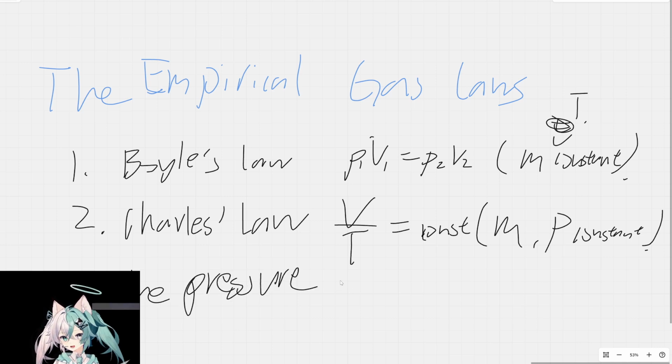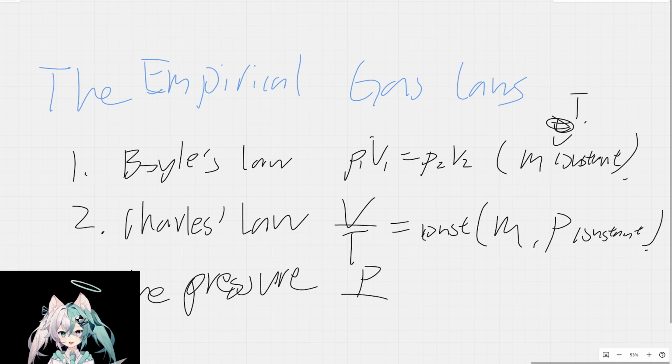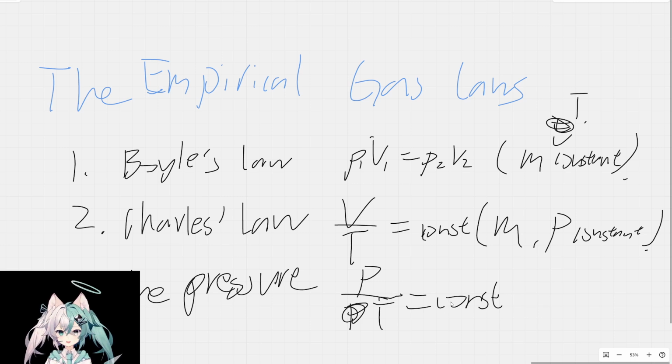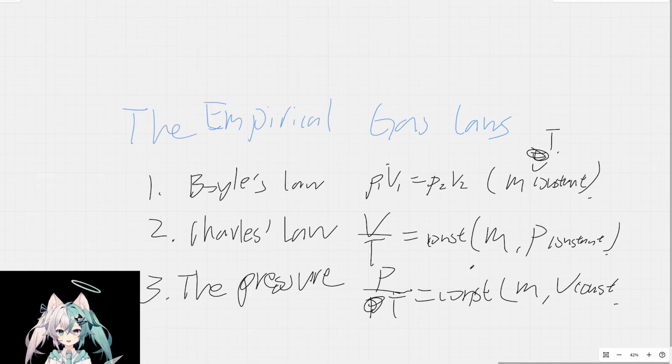For the pressure law, we need P over T is constant: pressure over temperature is constant if the mass is constant, and also the volume is constant. So those are the three empirical gas laws.